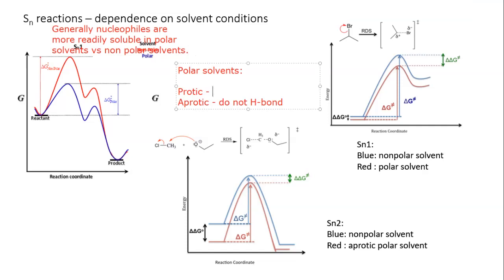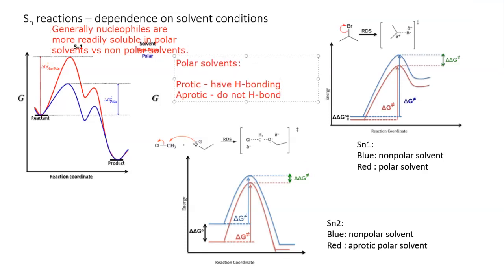Protic have hydrogen bonding. Some examples of protic solvents, of course, are methanol, your alcohols, and water. These are the most common ones.